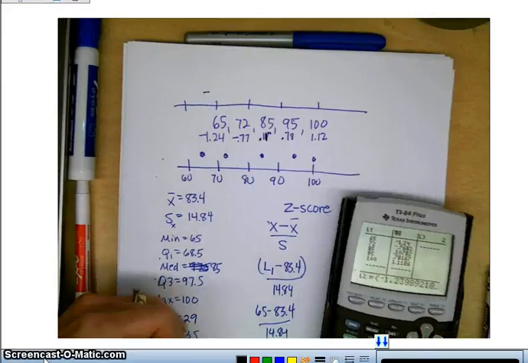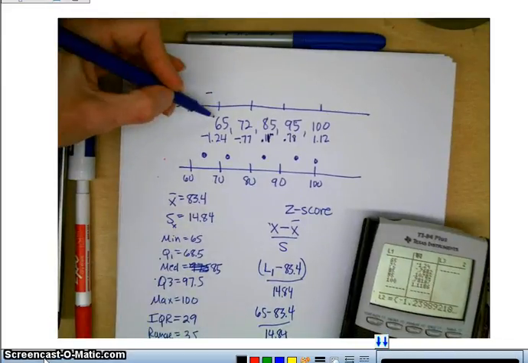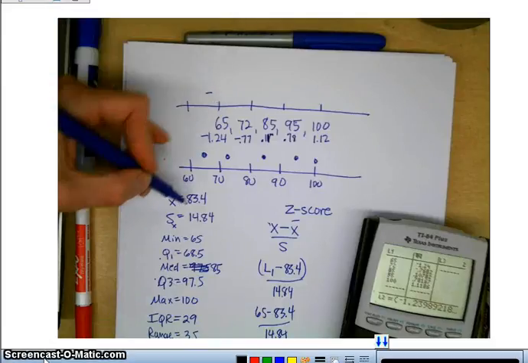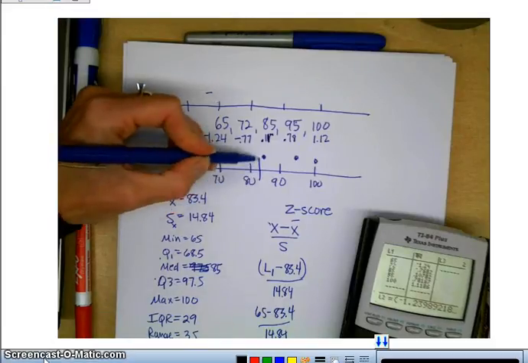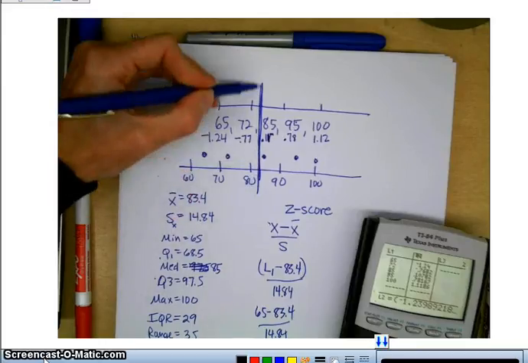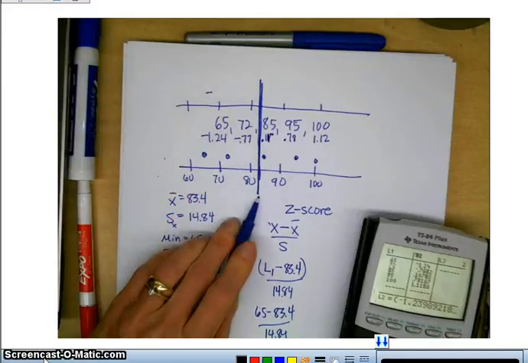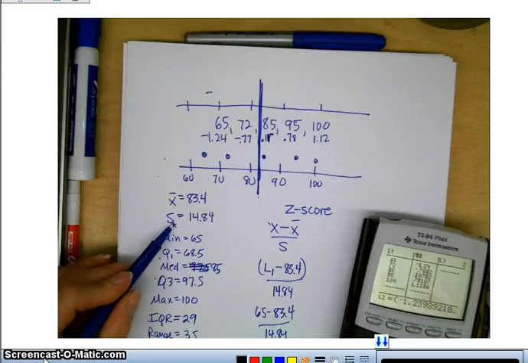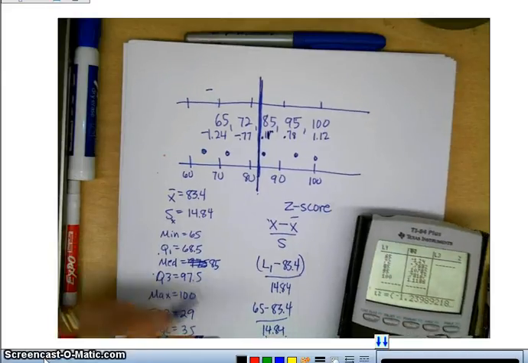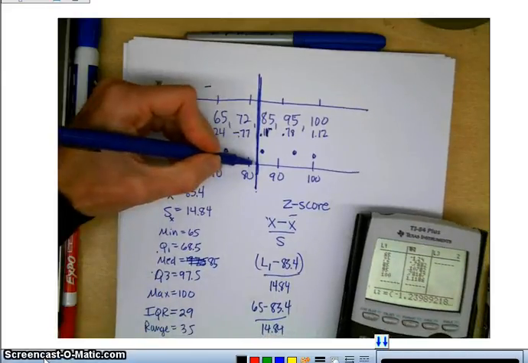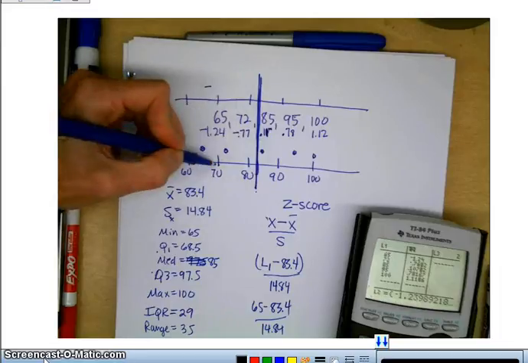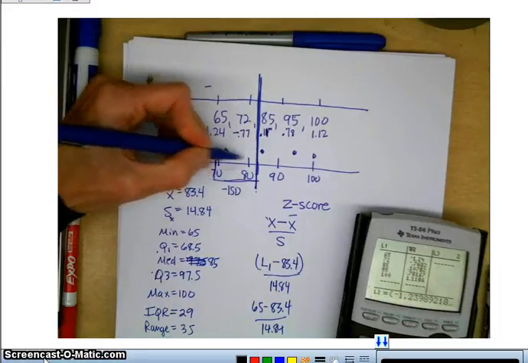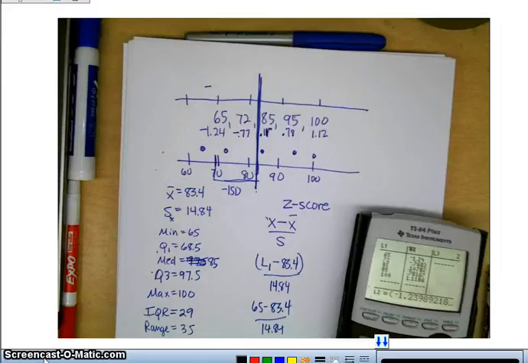These are my z-scores. This means that 65 is 1.24 standard deviations below the mean. If I draw in here, here's the mean for my original data. A standard deviation is 14.84. So one standard deviation below the mean will be about 83 minus 14.84.